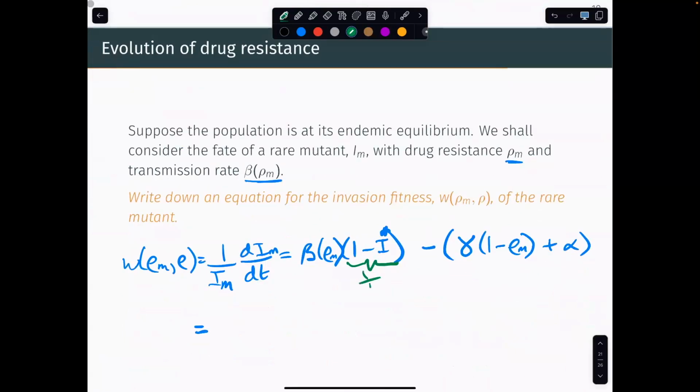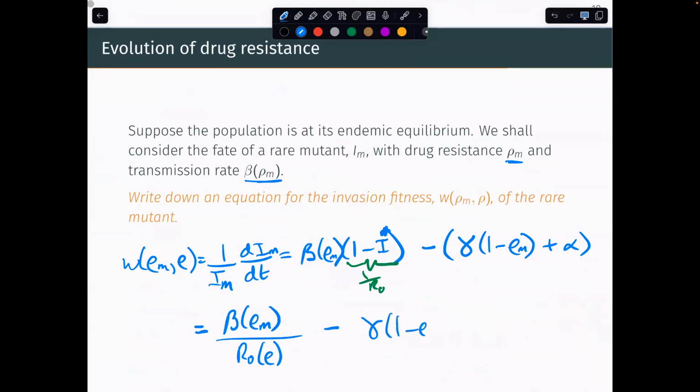So this is just going to be 1 over R naught. So this is going to be beta of rho m over R naught. I'll write this as R naught of rho, just so that we remember what this R naught refers to, our resident pathogen with drug resistance rho. And then we have the terms at the end. Minus gamma times 1 minus rho m minus alpha. Okay. Hope you guys are seasoned veterans now at finding invasion fitness.